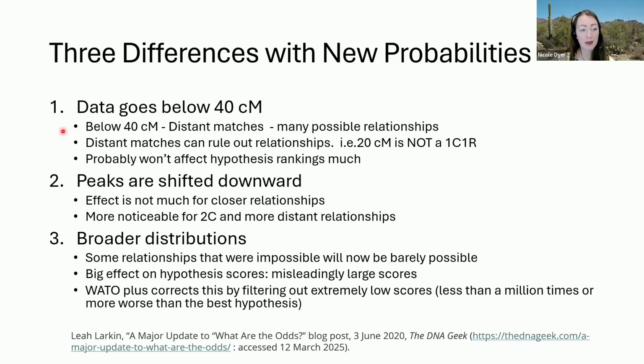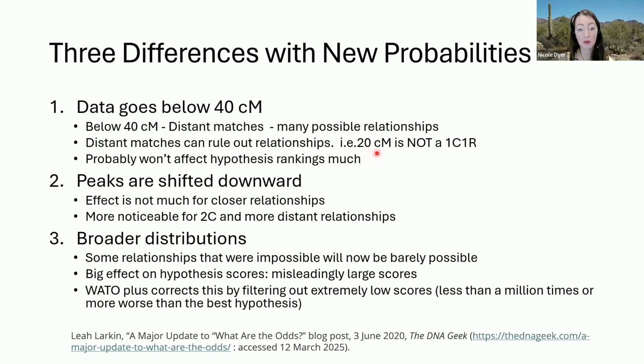And that's because any matches below 40 centimorgans are just going to have so many possible relationships. But these distant matches can rule out higher relationships. So that is really helpful for the hypotheses and for the WATO tool.